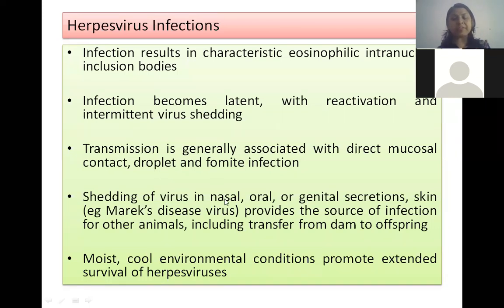The virus can be shed in nasal, oral, and genital secretions, which provide a source of infection for other animals, and transfer also occurs from the dam to the offspring. A moist and cool environment promotes extended survival of herpesviruses.